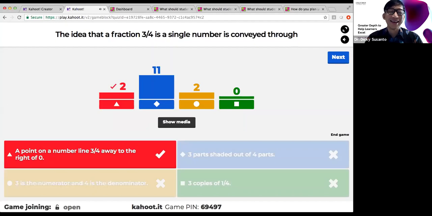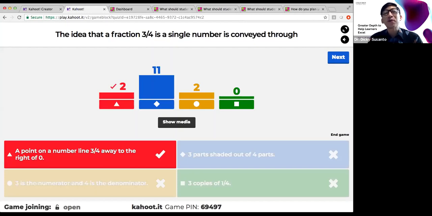Okay. All right. So only 2 teachers got it correct. Although it is correct that 3/4 is 3 parts out of 4 parts, that doesn't show us that 3/4 is a single number. If you ask students, a lot of them don't see 3/4 as a number.